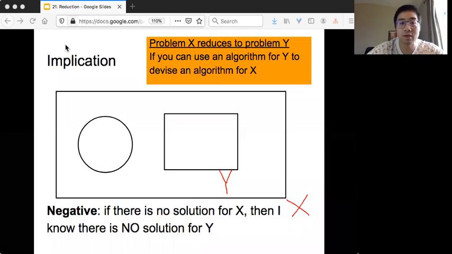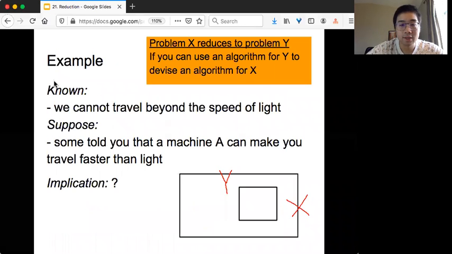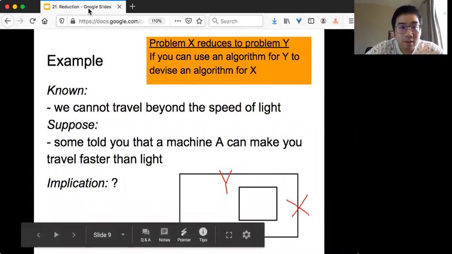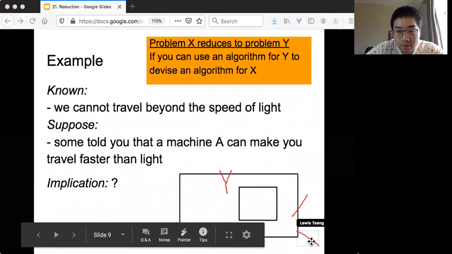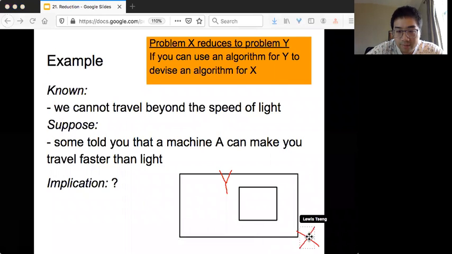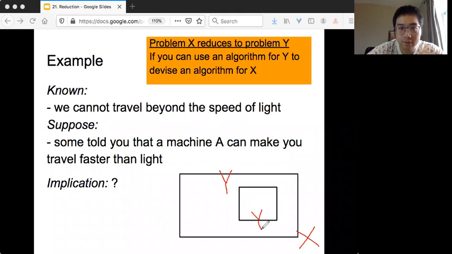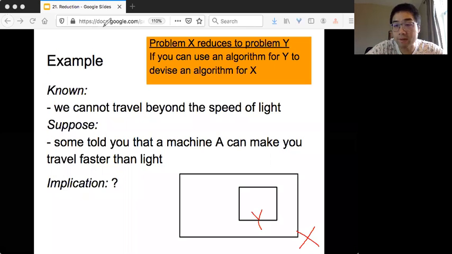So now let's look at a concrete example. Let me move this. This outer box is X, and the inner box is Y. Suppose we already know that it is impossible to travel beyond the speed of light because of a limitation of physics.